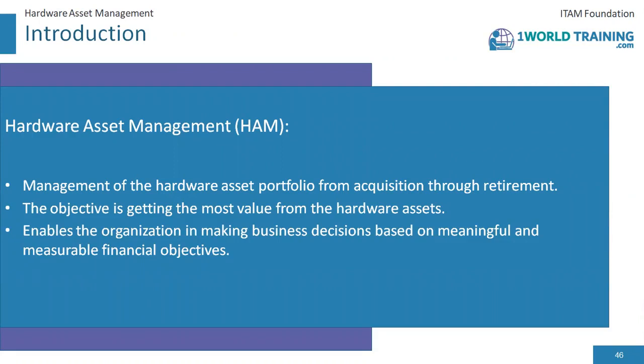The objective is getting the most value. So what do we mean by getting the most value from hardware assets? It means you have selected a vendor, let's say HP. You use the laptop and in 6 months, or half a year, you see that your laptop or desktop is not working well. And it's not just one laptop; it's happening with many laptops. You're not happy with the value, with the service that the laptop has provided to you. Then do you still want to continue with the same brand, HP?